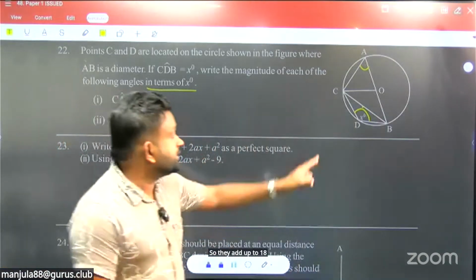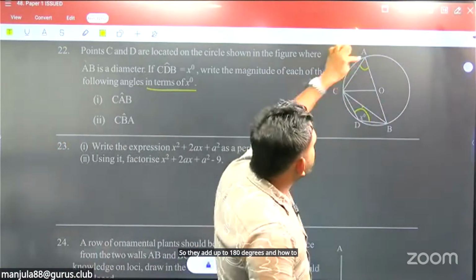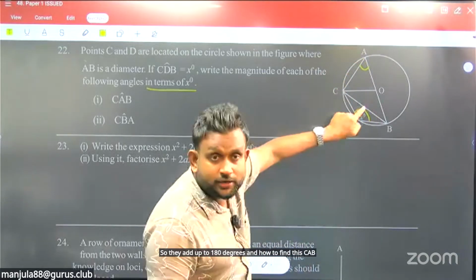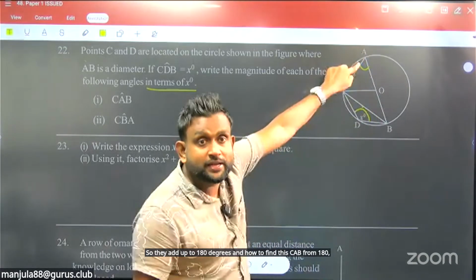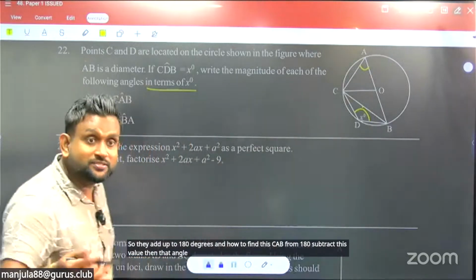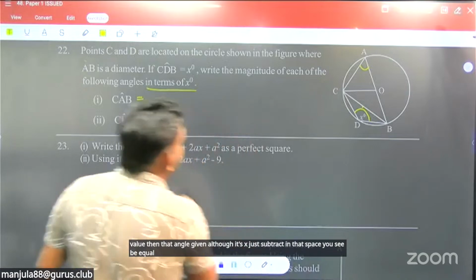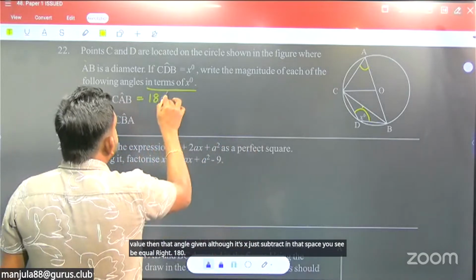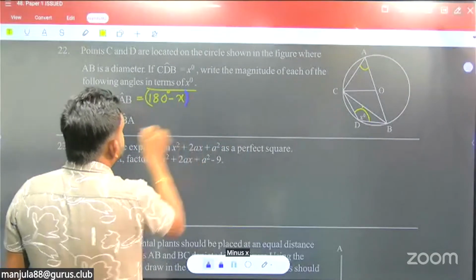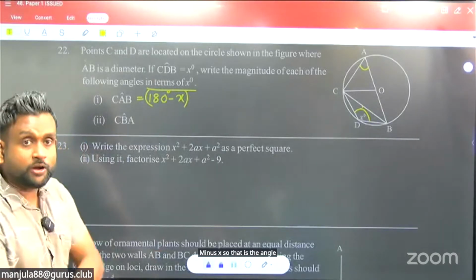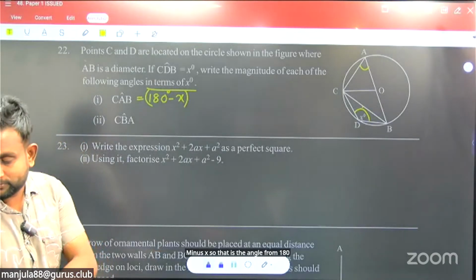And how to find CAB? From 180, subtract the given angle. Although it's X, just subtract in that way. So CAB equals 180 minus X.